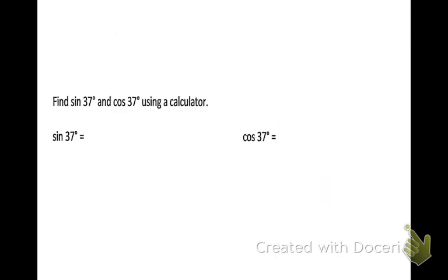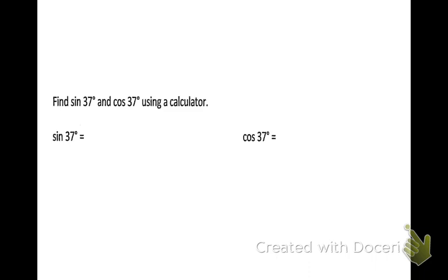Okay, let's go ahead and do sine of 37 and cosine of 37 on your calculator. Make sure you get the right answers for that. What'd you get, Lexi Nash?